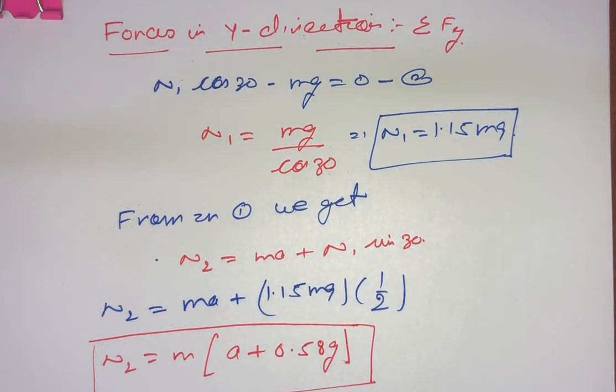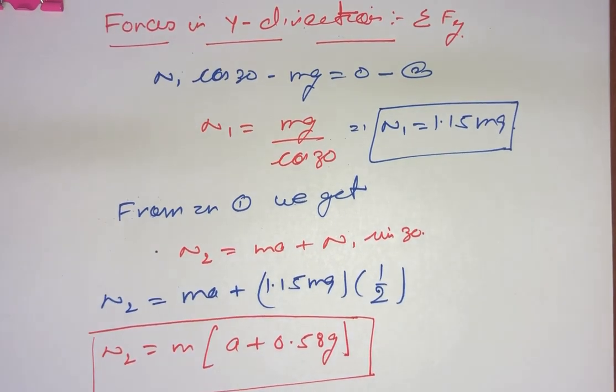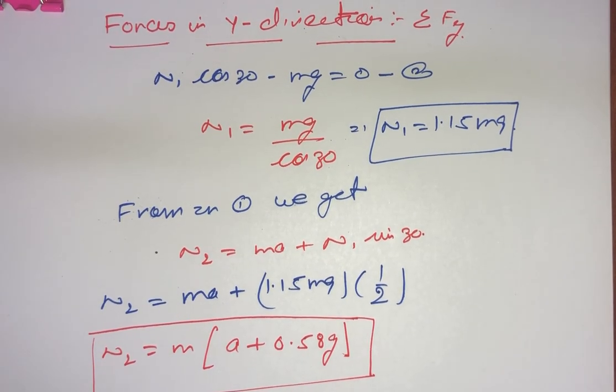And the final force will obviously be mg acting in the downward direction. So we have three forces in total, N1, N2 and mg in the downward direction.